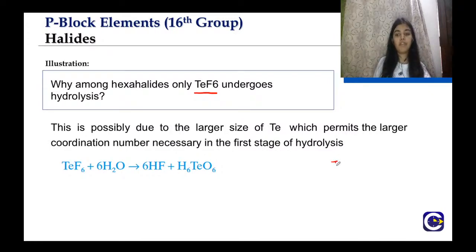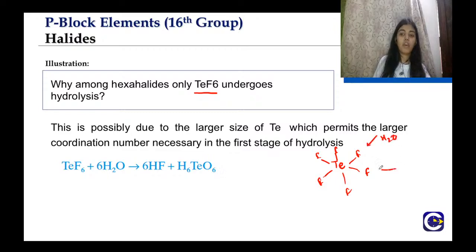number, right? So if you see here TeF6, as Te is greater in size, right? Tellurium is greater in size than oxygen, sulfur, selenium. Why? Because down the group size increases. So it enables the water molecules to coordinate more efficiently because of its bigger size, and therefore it is the only hexahalide that undergoes hydrolysis.